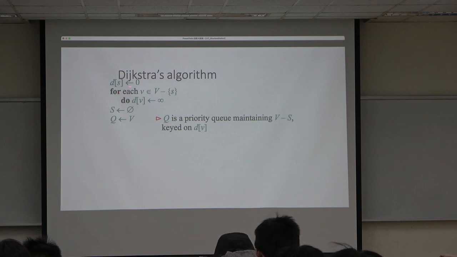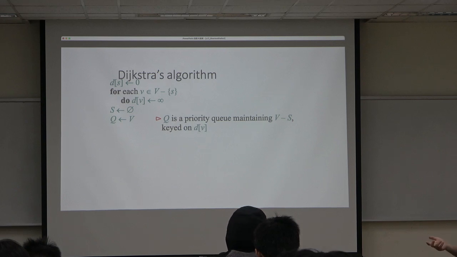But here, the source S is given, so you assign the distance to the source node as 0, because the shortest path from S to S is obviously just staying there. So the distance to itself, the shortest distance, will be 0. It is pretty straightforward.